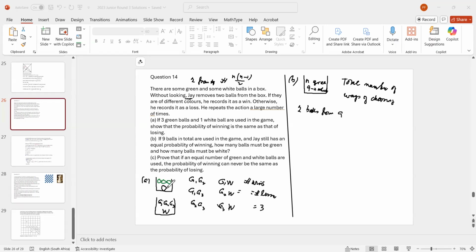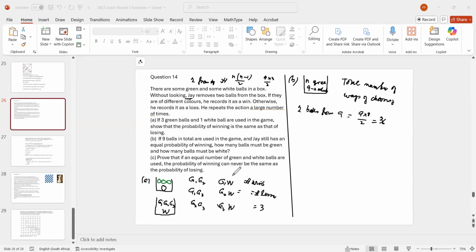So here I needed to pick 2 balls from 4. So the total number of ways is 4 times 3 divided by 2, because 4 times the 1 less, and 12 over 2 is 6. And you can see I've got 6 here, right? So here, the number of ways will be 9 times 8 over 2, and that gives you 36. Right, so that's the total number.